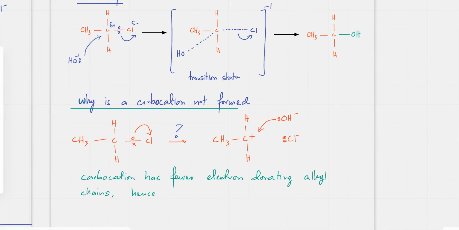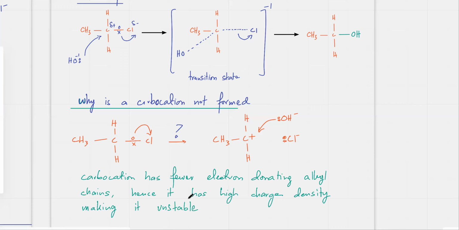Hence, it has high charge density, making it unstable. This is the answer that you're going to write in your exam.